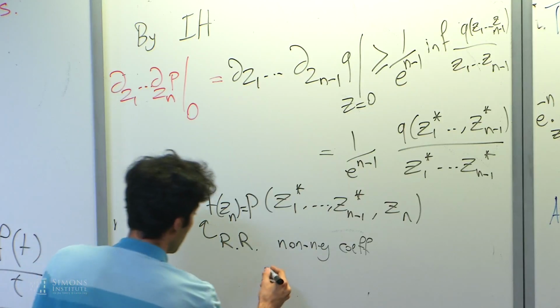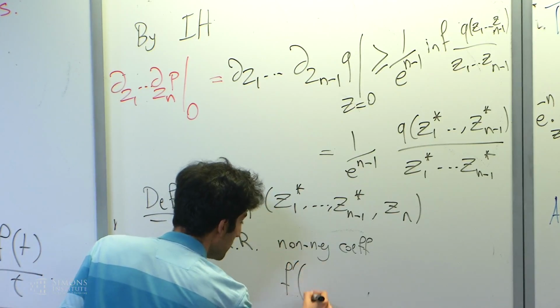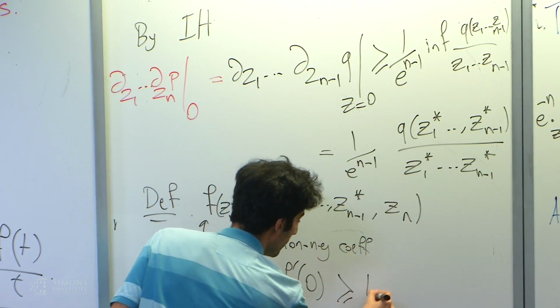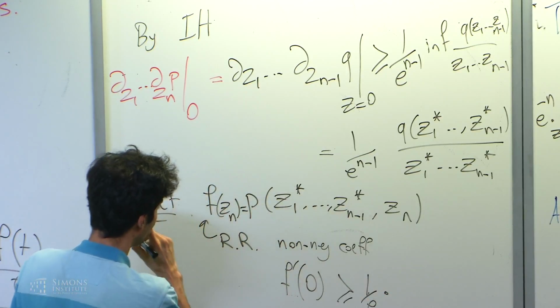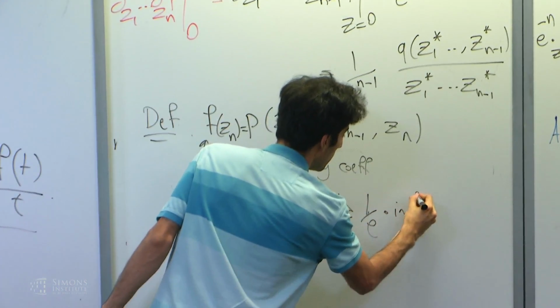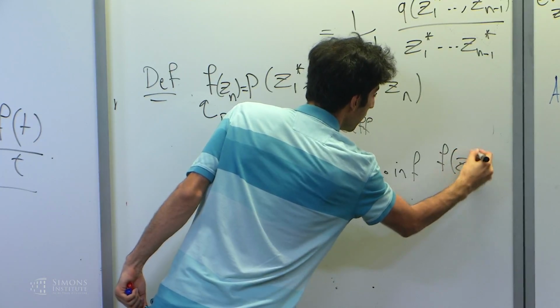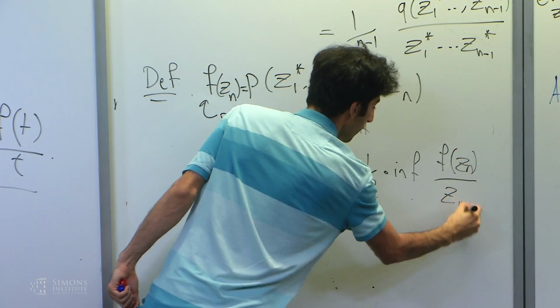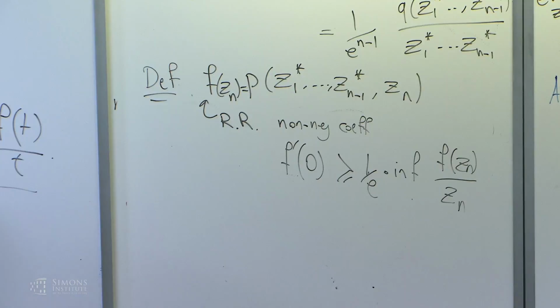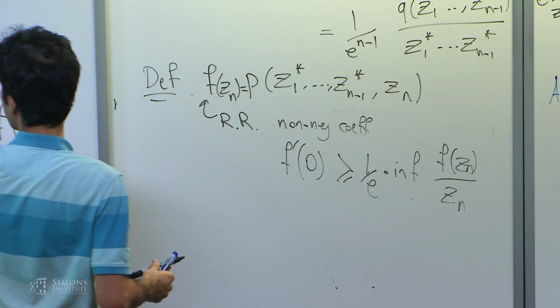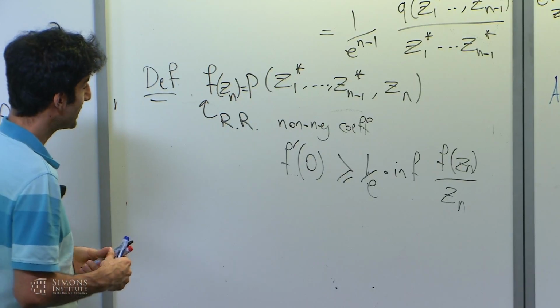So I get that f prime at 0 is at least 1 over e times the infimum of f of Zn over Zn. Okay, that's just by the base case.